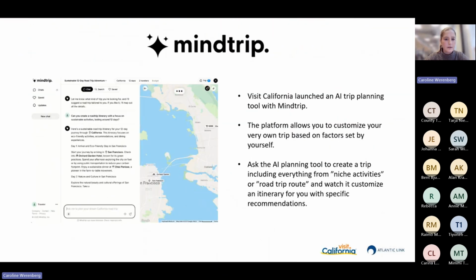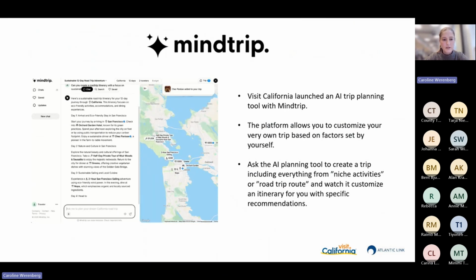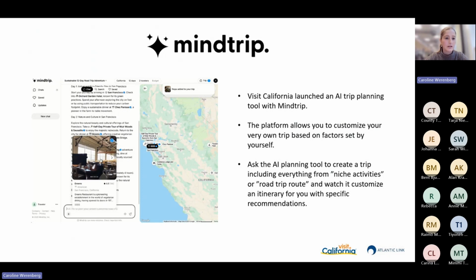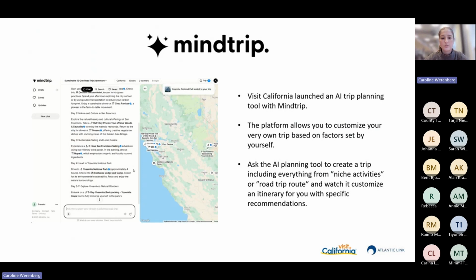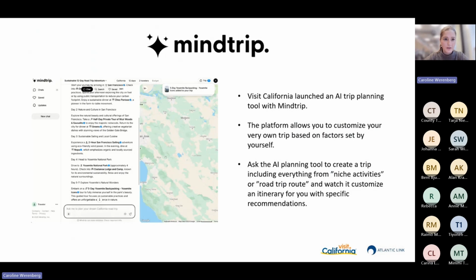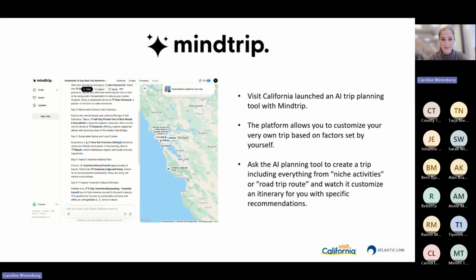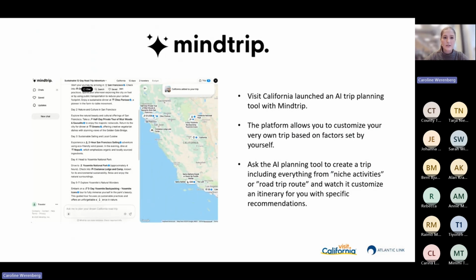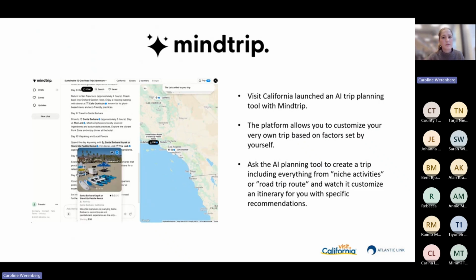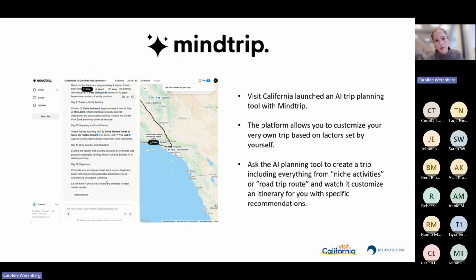Another one, and I think we've mentioned this many times before, but I want to mention it again because I went on a fam two weeks ago to California, and I used Mindtrip to actually plan the itinerary. It's a product developed by Visit California and Mindtrip.